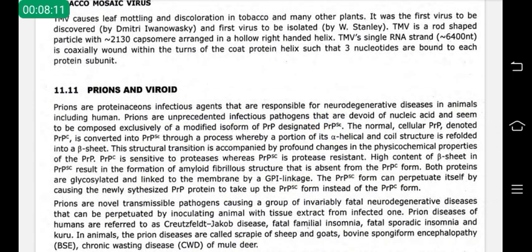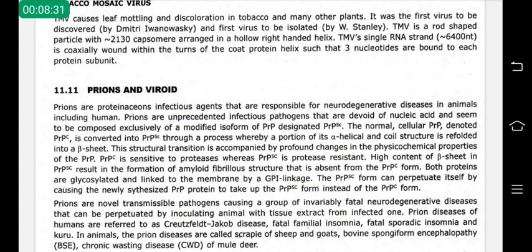Prions are proteinaceous infectious agents that are responsible for neurodegenerative disease in animals, including humans. Prions are unprecedented infectious pathogens that are devoid of nucleic acid and seem to be composed exclusively of a modified isoform of PrP designated PrPSc.